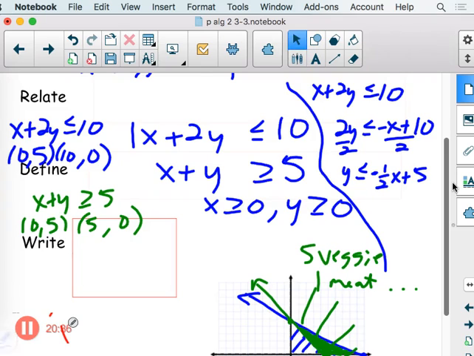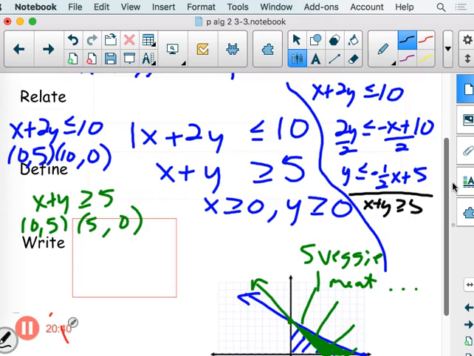The bottom one is much easier because it was x plus y is greater than or equal to 5. So how do we get y by itself? Yes, a lot of people were whispering it. So this is what we're going to put in our graphing calculator. I'm going to circle that in red.